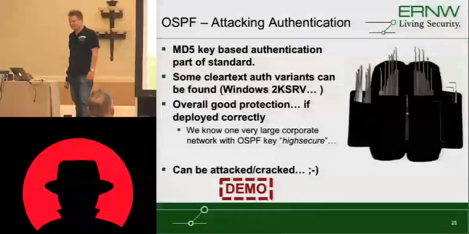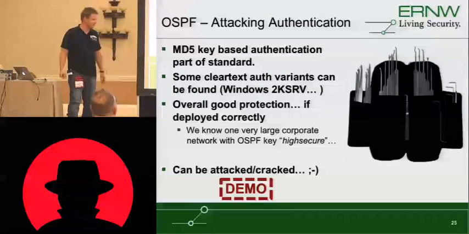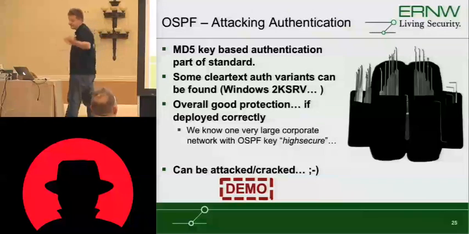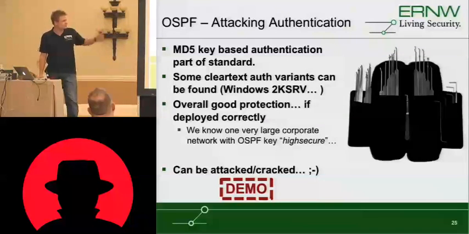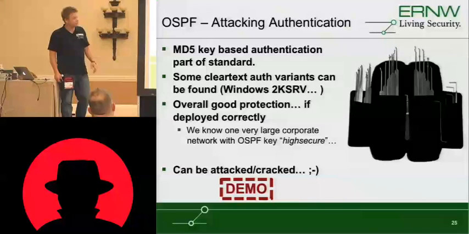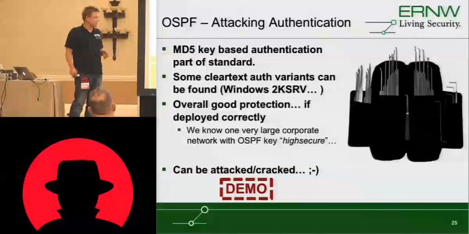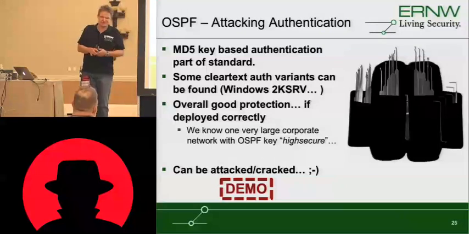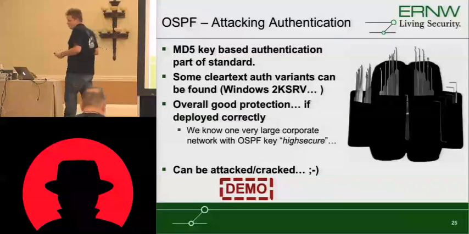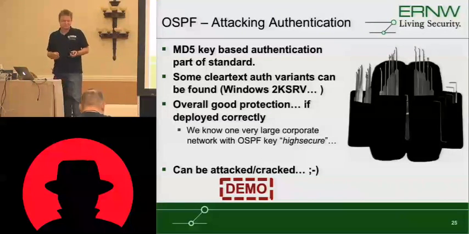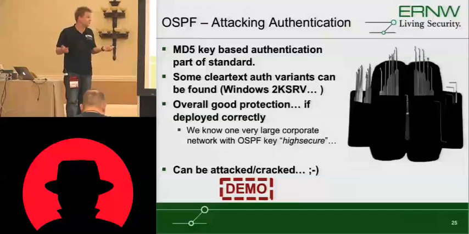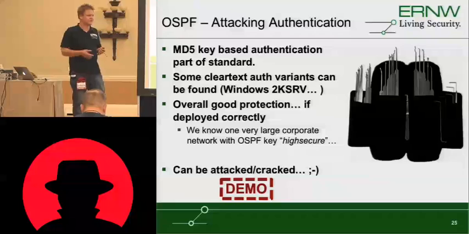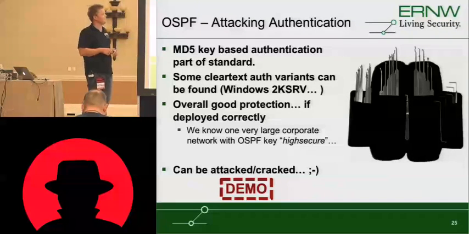Okay, so we are just walking through demonstrations now. Some routing protocols, like OSPF, have a feature like that, and that's what I'm going to tell you about here. Some routing protocols have authentication features. For OSPF, there's a shared key, a password you have to know to be able to inject routes, because the routing information will be authenticated.